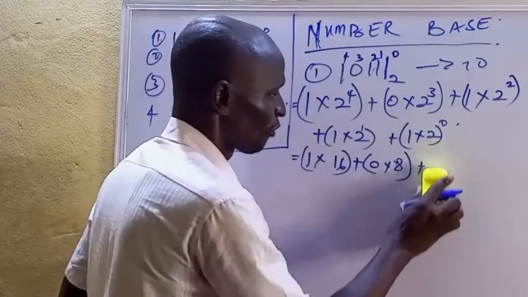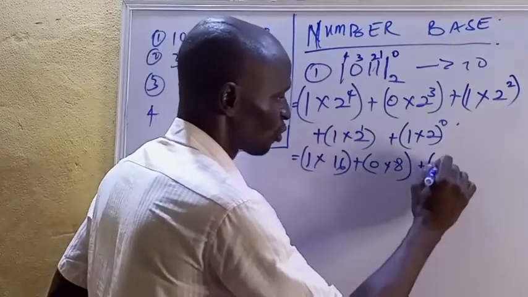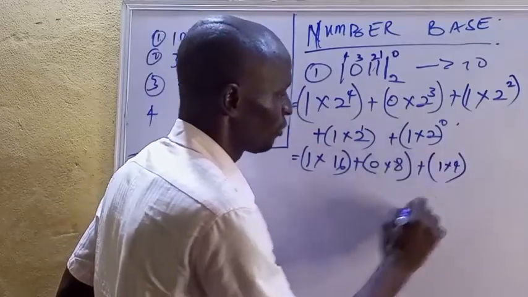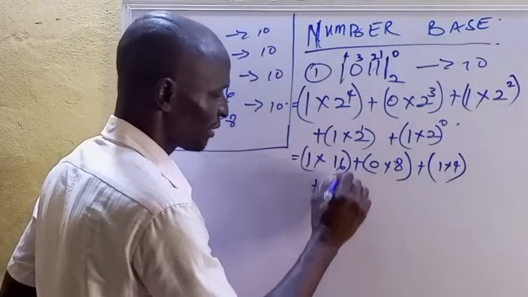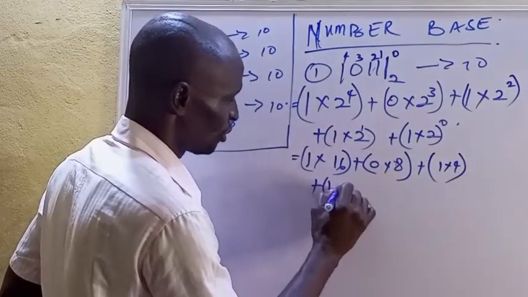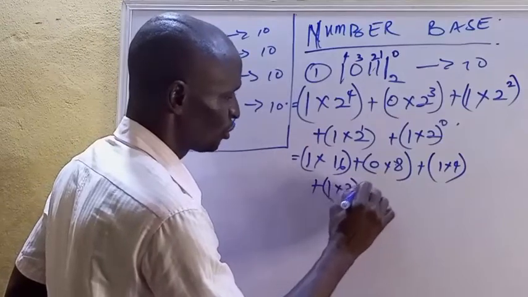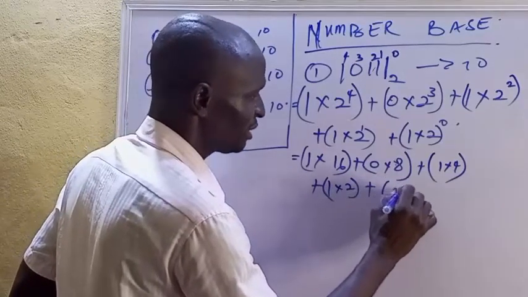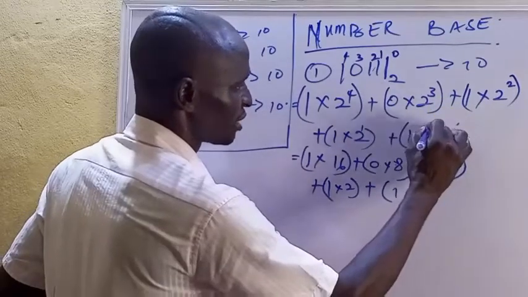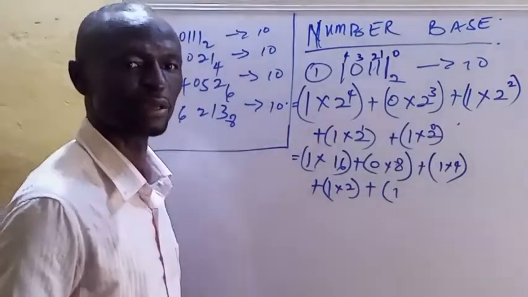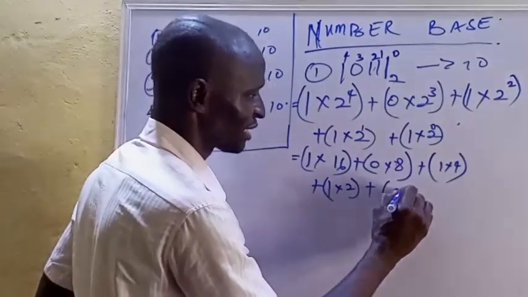That's 4. That's plus 1 times 4. Plus 1 times 2 raised to the power 1. That's 2. Plus 1 times 2 raised to the power 0, it's 2 that is raised to the power 0, not the whole bracket. That's 1.